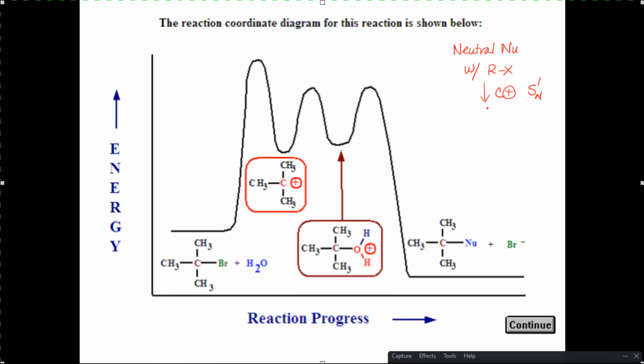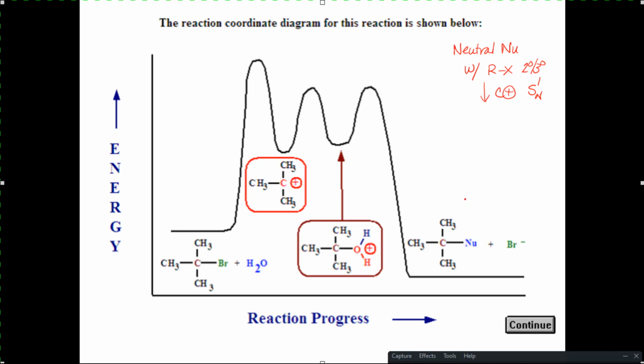If you cannot form a carbocation, then the reaction will not go. So neutral nucleophiles can only react with secondary and tertiary alkyl halides, since they're the only ones that can form a stable carbocation.